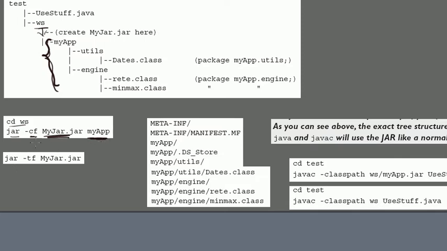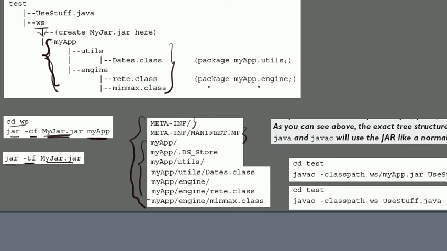This would give you myjar.jar, and in order to view the files within myjar.jar, you could do jar -tf myjar.jar, and it would show you a bunch of folders. These folders, which are not part of the actual implementation, are the ones created by the jar command.